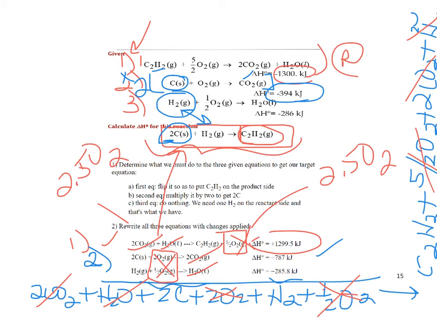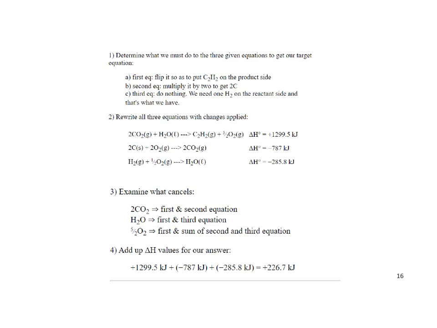So you have verified that you can add these three reactions together. And so now all we need to do is add together, keep in mind the correct signs of all the delta H values. When we do that, we get that the delta H for the reaction of interest is 226.7 kilojoules.